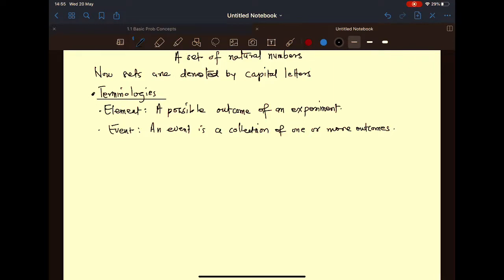So the collection with head and tail gives us an event in a sense. We can also consider the toss of a die. When we toss a die, we get an odd number.